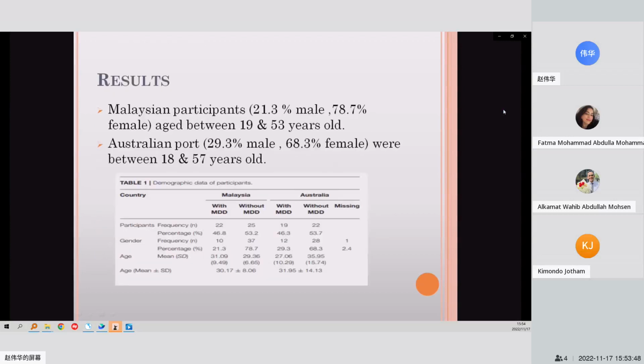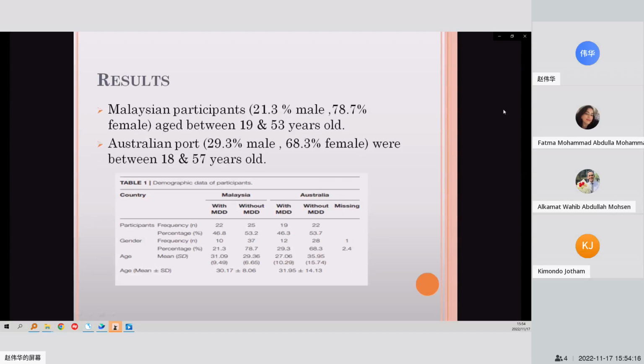Let me now go to the results part. What were the results of this study? The Malaysian participants who were approved were aged between 19 and 53 years old. 21.3% were male and 78.7% were female.